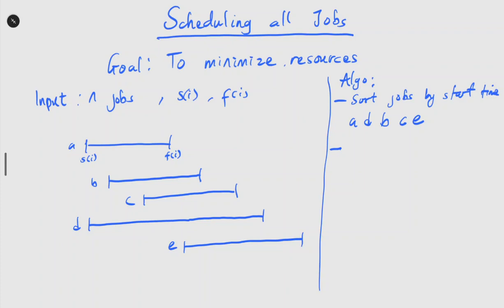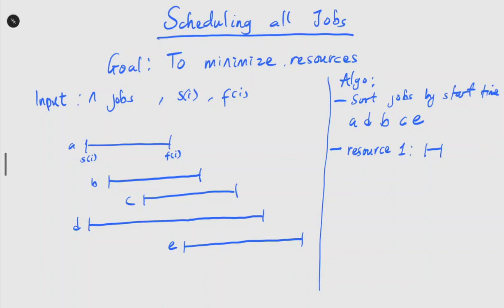Let me show you what that implies with an illustration. So let's start from A. This is resource 1. It could be a processor or whatever it is. So on resource 1, we would have job A. Then the next job in our sorted order is job D. Does job D overlap with job A?